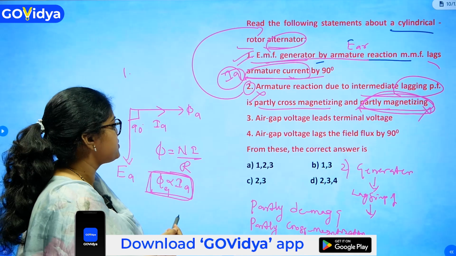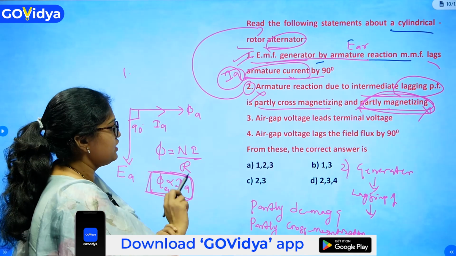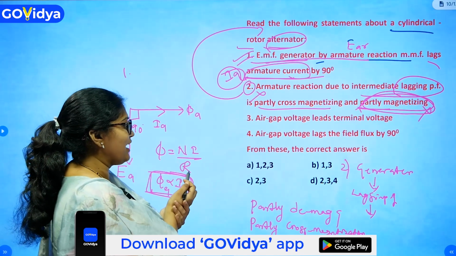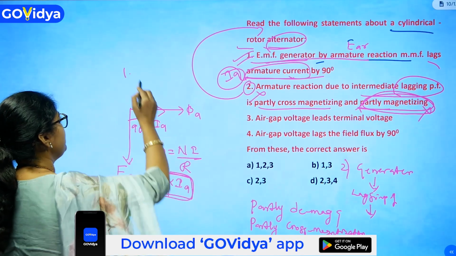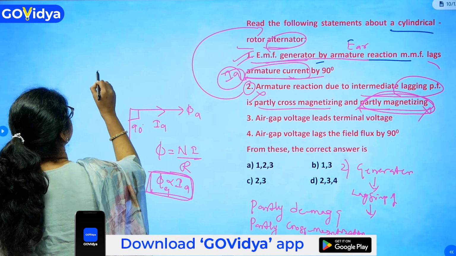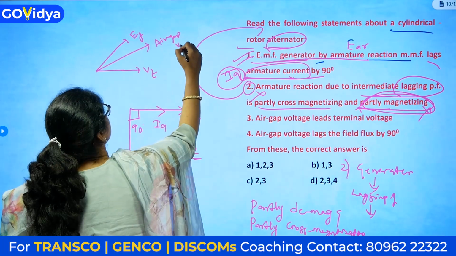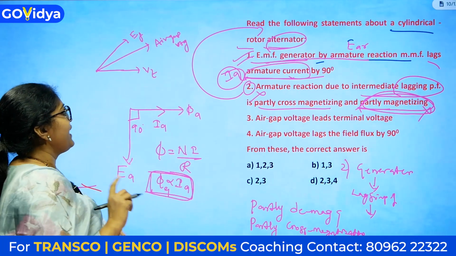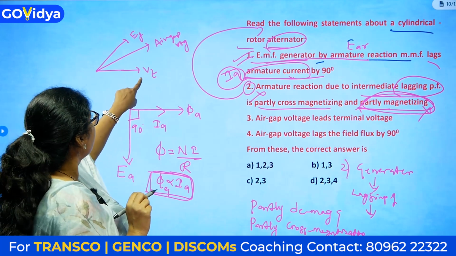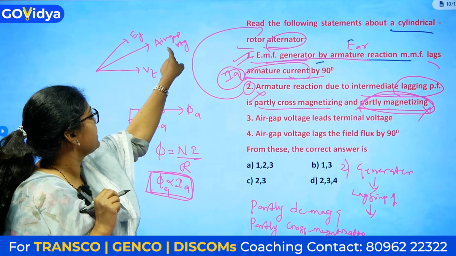Clear? Next, air gap voltage leads the terminal voltage. If you have the idea of the analysis of the cylindrical rotor alternator, you will see a graph like this. This is Vt and this is the EMF voltage. If you observe here, air gap voltage will be an intermediate factor between the terminal voltage and the EMF induced here.